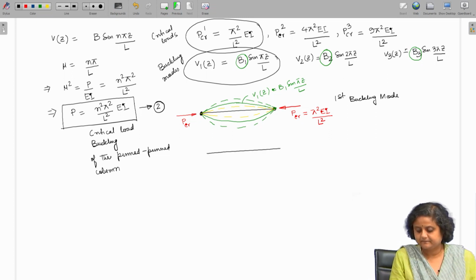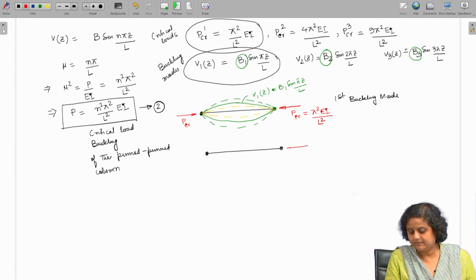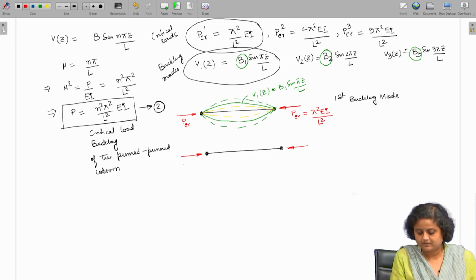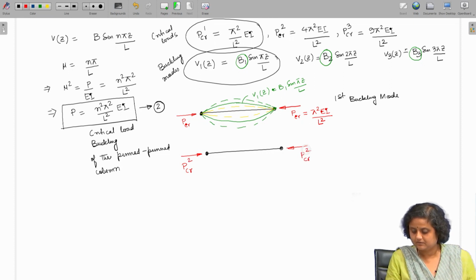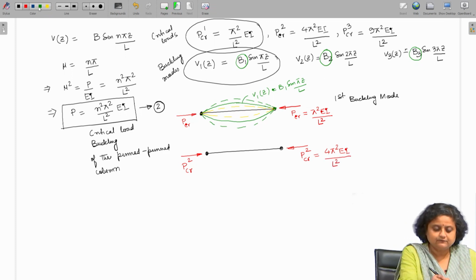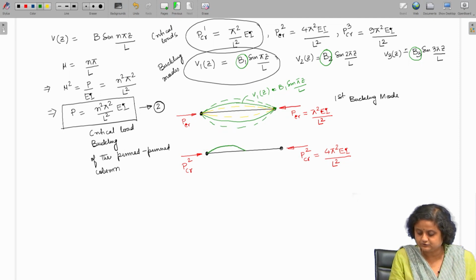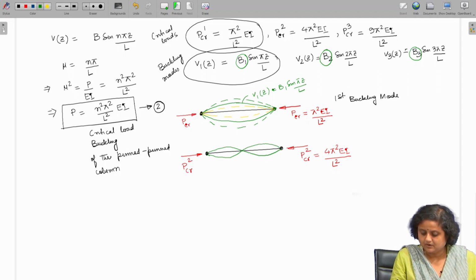Now, next, if I apply the second critical buckling load, which is equal to 4 pi square E I by L square, then the acceptable deformed shape is going to be like this, either like this, or like this, or like this.